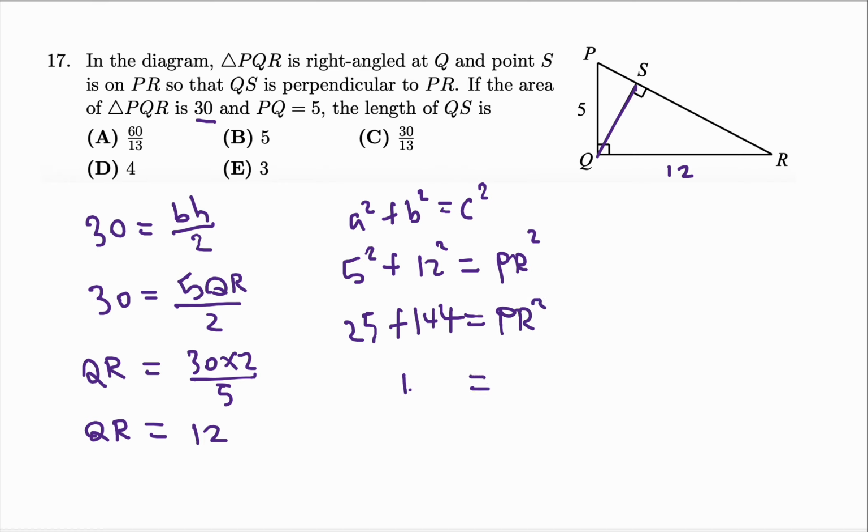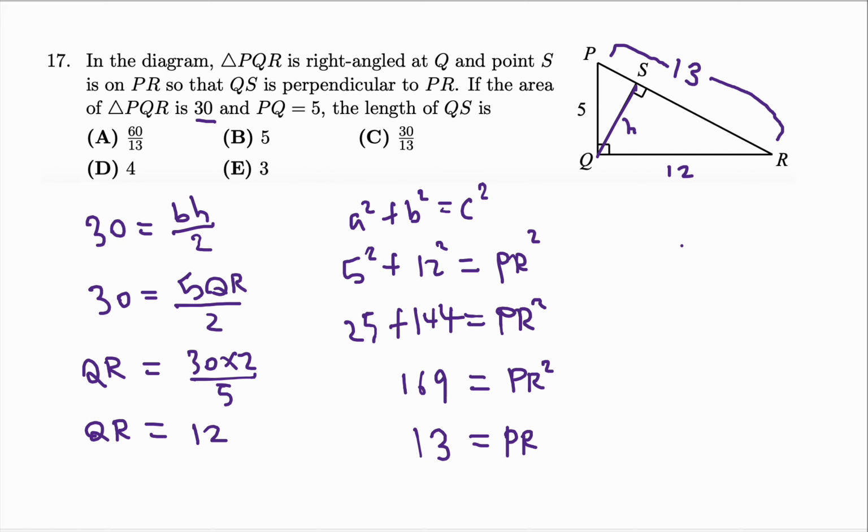So this is just 169 equals PR squared. And we take the square root of both sides to get PR equals 13. So this one is 13 from here to here. So now that we have this one as 13, we can find the height.